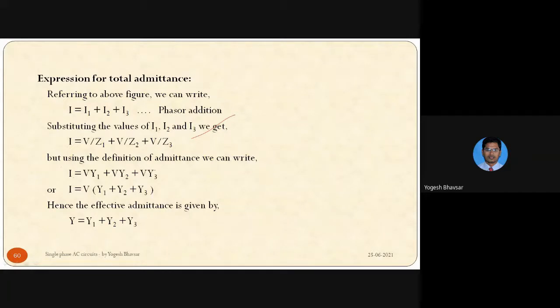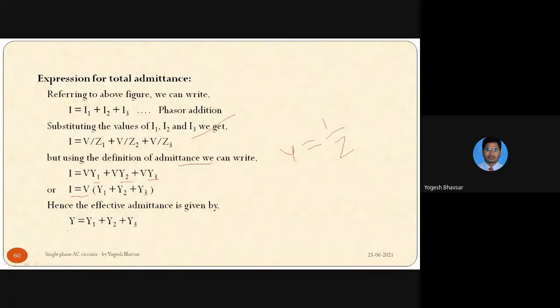By using the definition of admittance, Y is equal to 1 by Z, because it is the reciprocal of impedance. So we can put 1 by Z1 as Y1, 1 by Z2 as Y2, 1 by Z3 as Y3. Taking V common, I is equal to V times in bracket Y1 plus Y2 plus Y3.